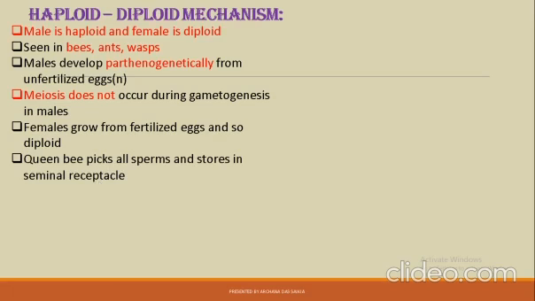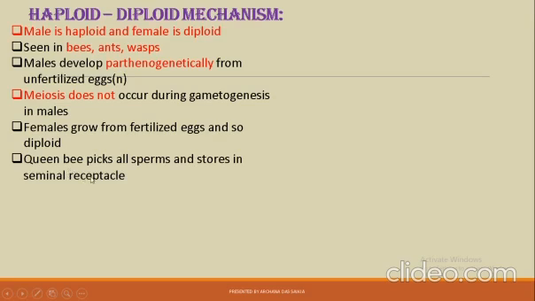Then in the beehive, as you all are familiar, the structure is made up of small compartments. Some compartments are small, some are big. If she sits on a particular compartment which is quite small in size, then there is pressure upon the seminal receptacle of her body, due to which the sperms are emitted out.